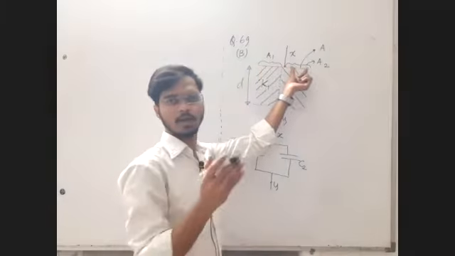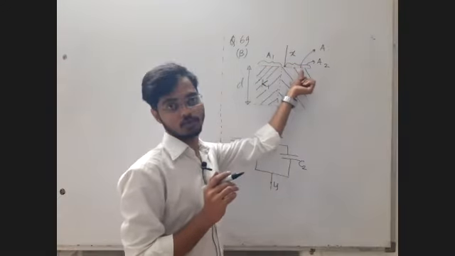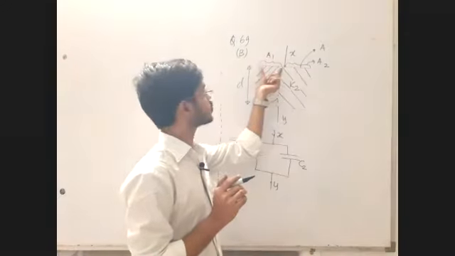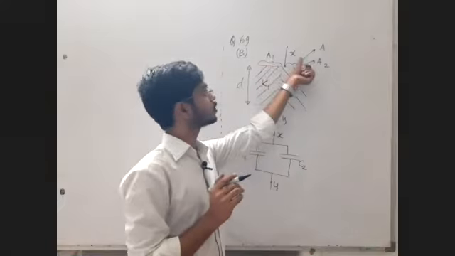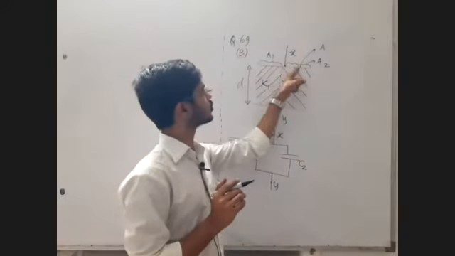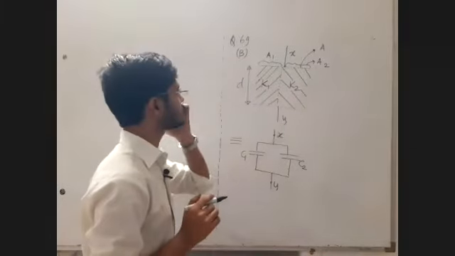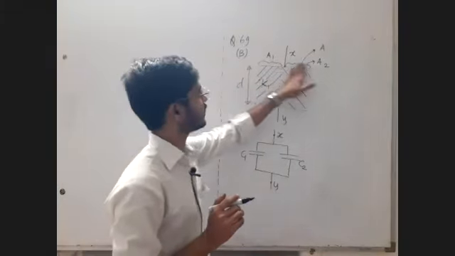A1, A2 may be A by 2, A by 2. A by 4, 3A by 4. That can also happen. Or A by 3 and 2A by 3. 1/3 and 2/3. 1/4 and 3/4. Or 1/2 and 1/2. Those can be the possibilities. But for the time being, A1 and A2.